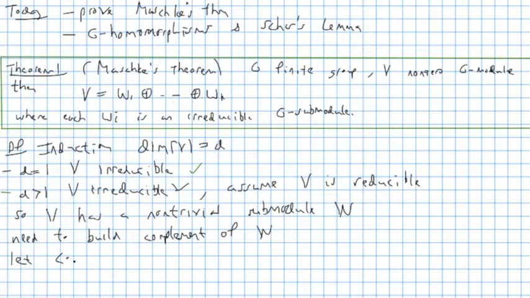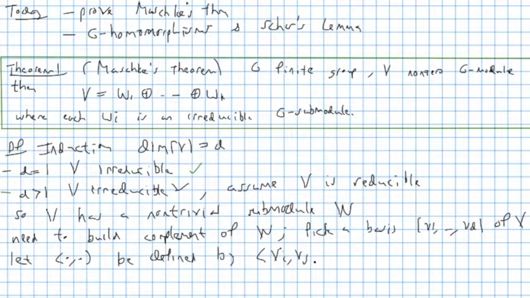So let's define an inner product. I should have first picked a basis of V. And I define an inner product by something similar to what I did for the example of the defining representation, by the Kronecker delta delta_ij.